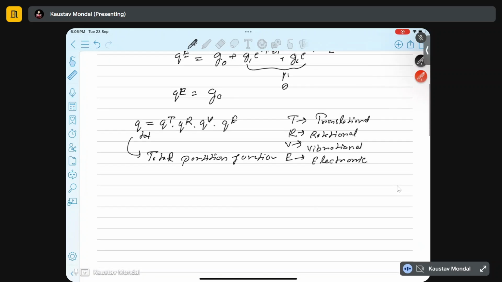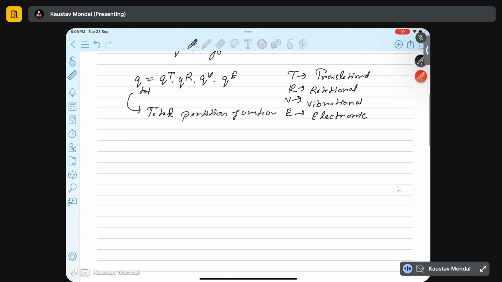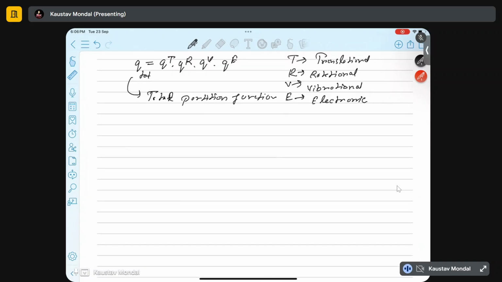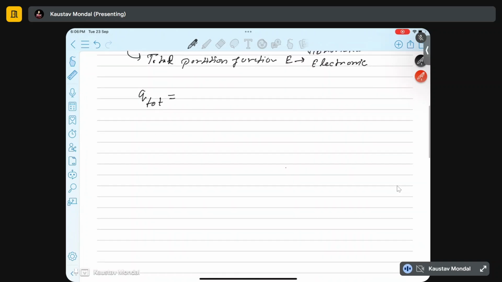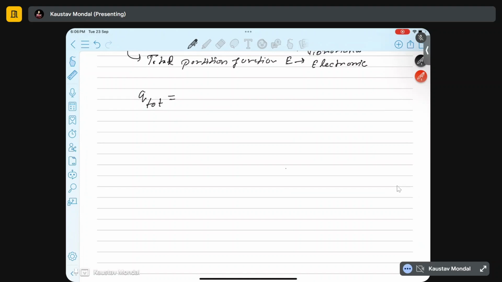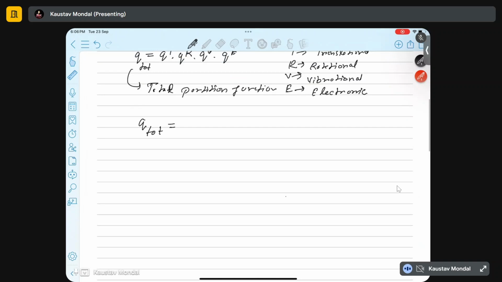Now the second thing: we already know the expressions of the partition functions, right? So you can write Q in terms of the explicit expressions of the individual contributions. The translational partition function is V by lambda cubed, that is the case when a gas is trapped inside a volume V, while lambda is the thermal wavelength.